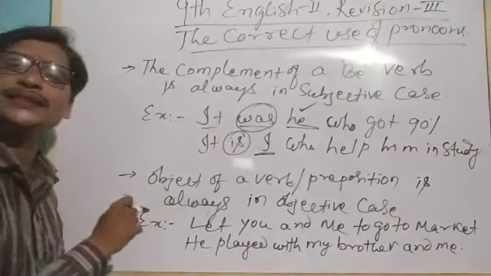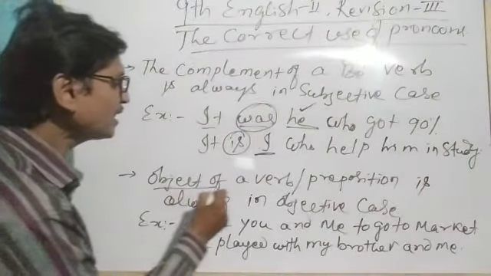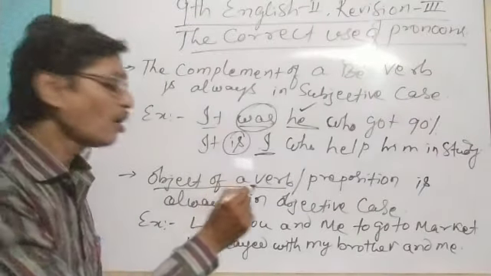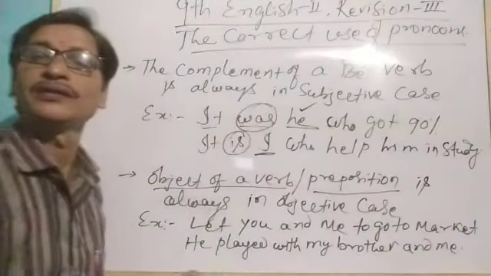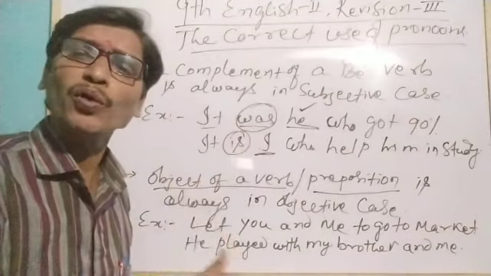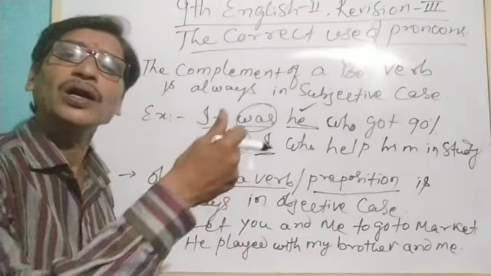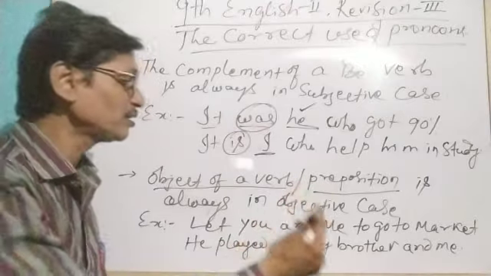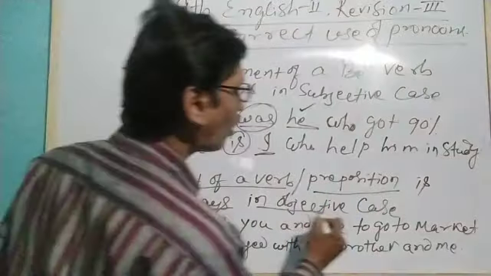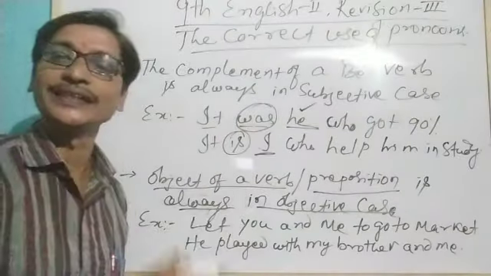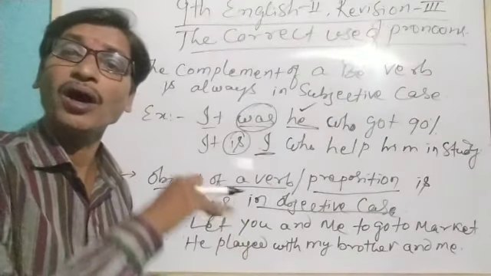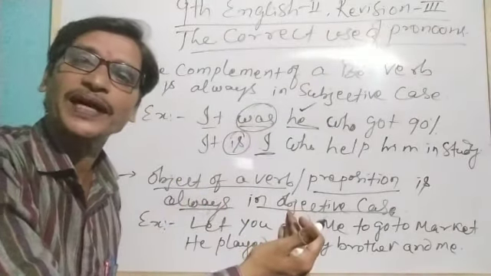So similarly, another instruction you see: object of a verb or a preposition. Any pronoun that comes after the verb or a preposition is always in the objective case. This is the instruction. It should be in objective case.